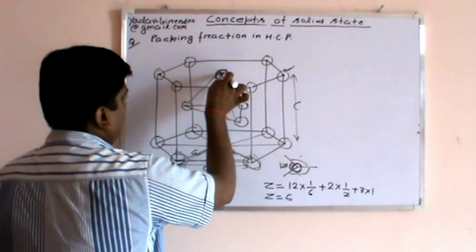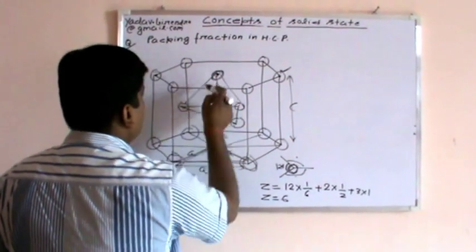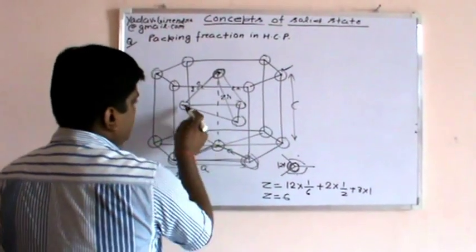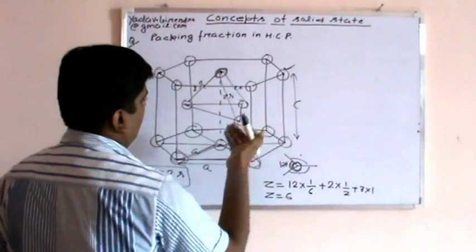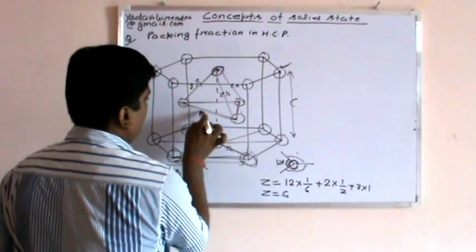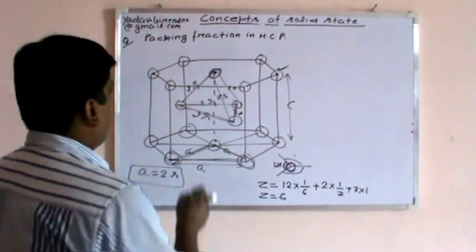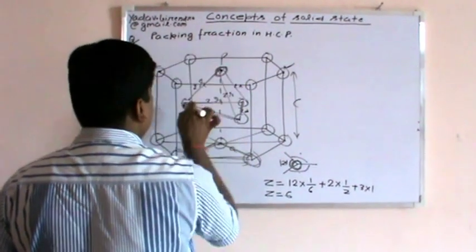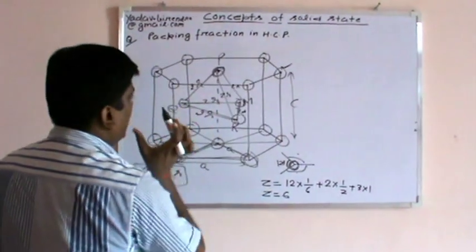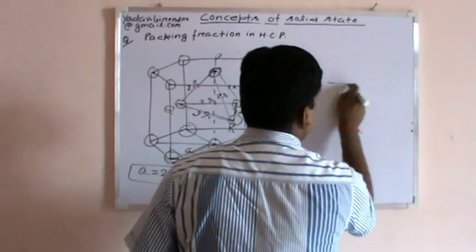If this atom touches these 3 atoms, this length will be 2r, 2r and 2r. And since these 3 atoms are on one plane, these 3 atoms also touch each other, so it will be 2r, 2r, 2r. As we know, A is equal to 2r. If I say this as P, Q, R, M, and we draw here, it will be like this.